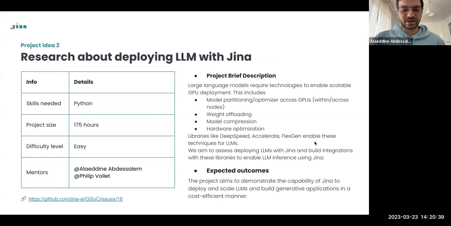Another technique is weight offloading, where the model weights are mainly stored on the CPU and sent to the GPU when needed, when the computation of the layer output is needed. Another technique is model compression and hardware optimization, and we can cite different libraries to achieve all of these.